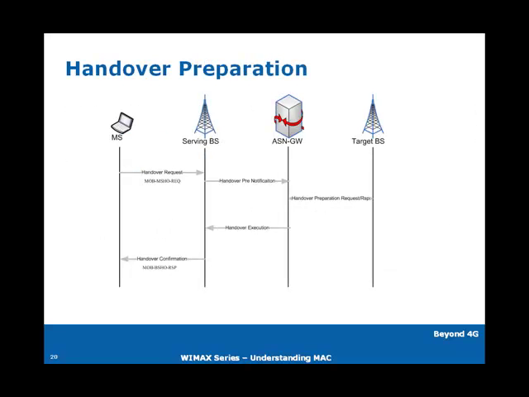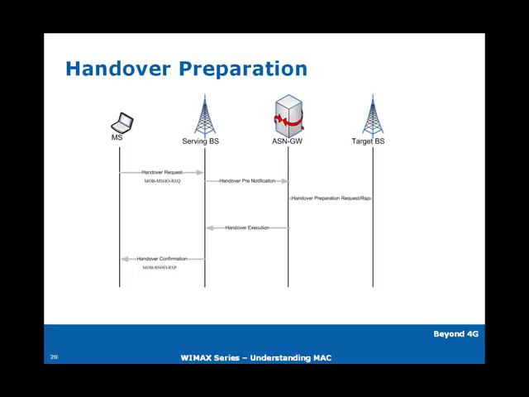In step number 3, once the mobile station has identified its target base station, it will send a handover request message to the serving base station, and the message goes in a mobility message. Once the request is received by the serving base station, it initiates a handover pre-notification to the ASN gateway, and the ASN gateway in turn sends a series of message requests for handover preparation between the target base station and itself.